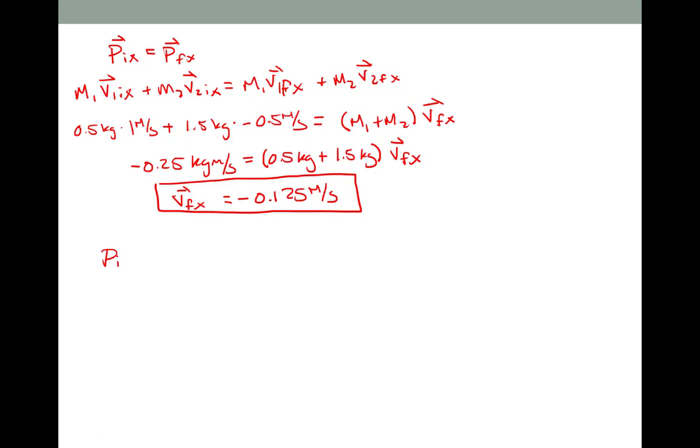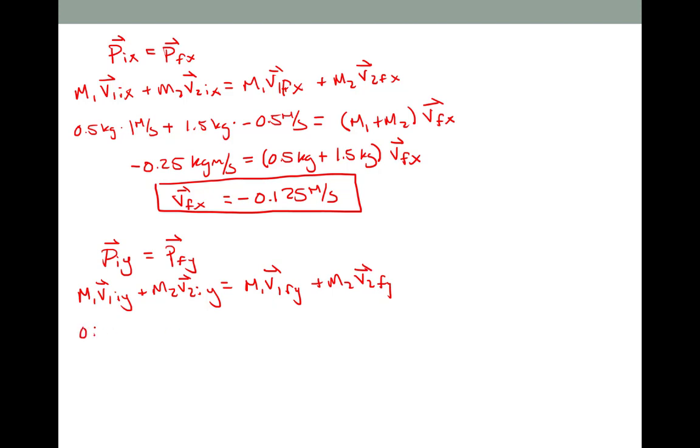I'm sure you're thinking at this point, this is much easier. Okay, doing the same thing in the y direction, I have m1 v1 initial y plus m2 v2 initial y has to equal m1 v1 final y plus m2 v2 final y.